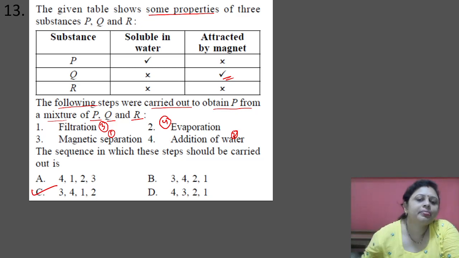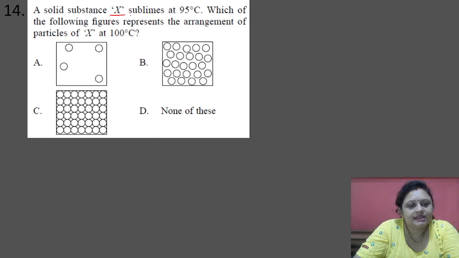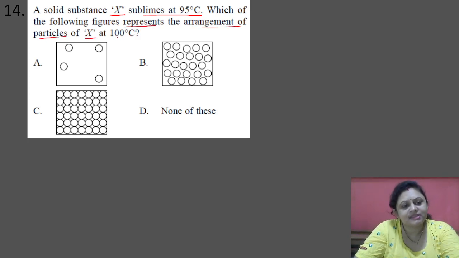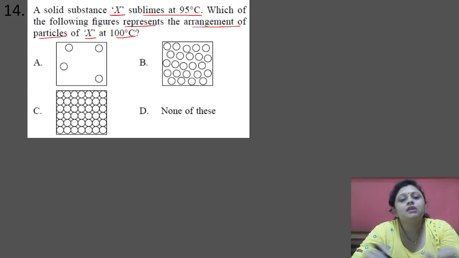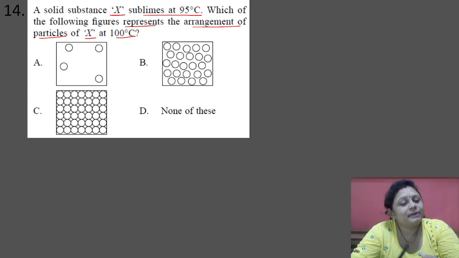Got it, everyone? Coming to the next question, a solid substance X sublimes at 95 degrees Celsius. Which of the following figures represents the arrangement of particles of X at 100 degrees Celsius? Three figures are there, and D is none of these. If a solid substance X sublimes at 95 degrees Celsius, do you know what sublimation is?